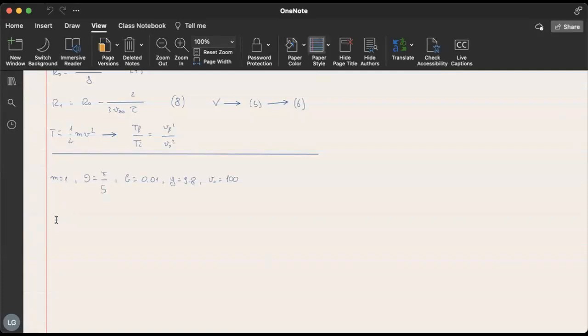But if I do that, I find that R0 is about 970.47, and R1 is 892.86.